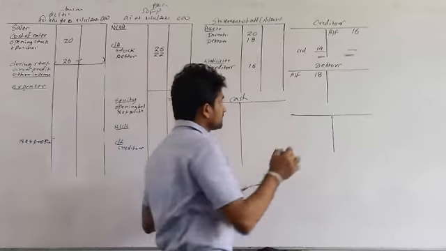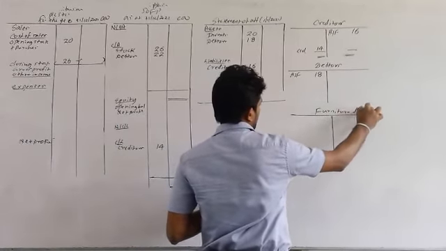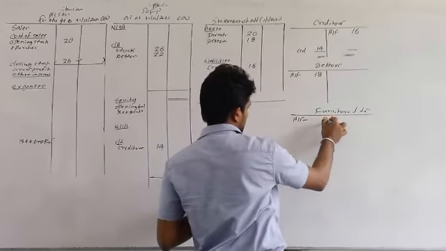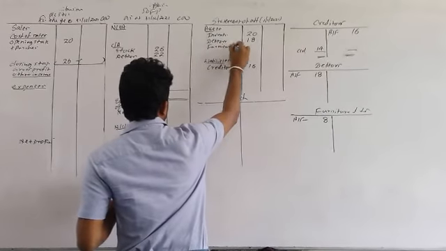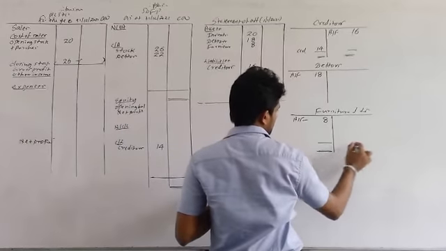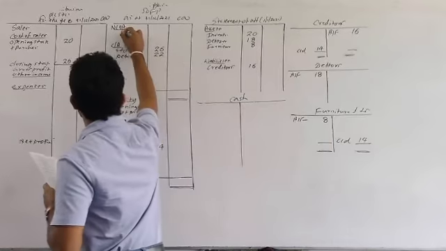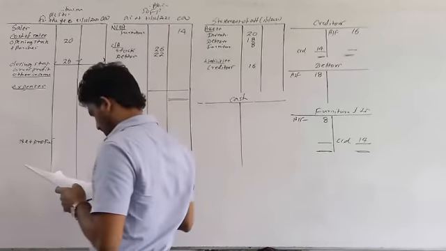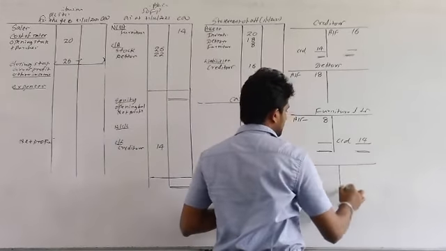Furniture and fittings, opening balance 8. Closing balance 40. Accrued operating expenses, you want an operating expense account.